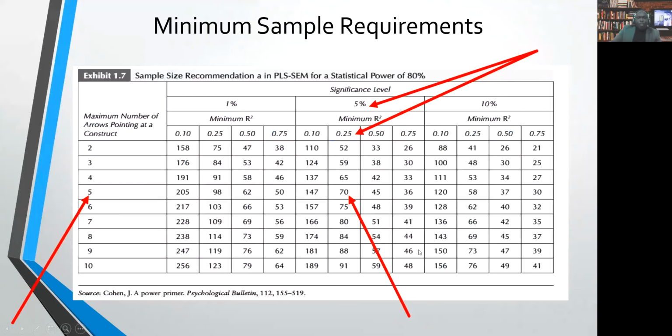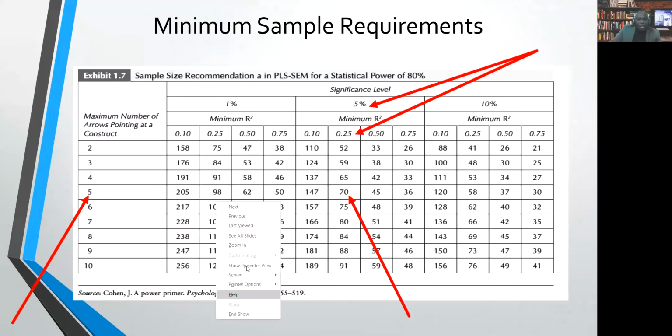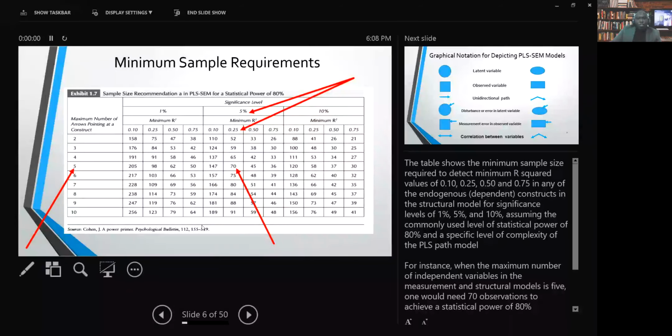Now, earlier on, I was talking about sample size. So basically, this is how it goes. If you want to perform analysis using SEM, there are required samples based on the number of constructs or the number of arrows that are going into a particular latent variable. The picture I've shown you right now gives you the various numbers of constructs and the number of samples that you need.